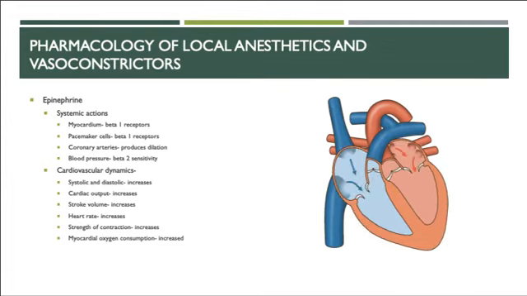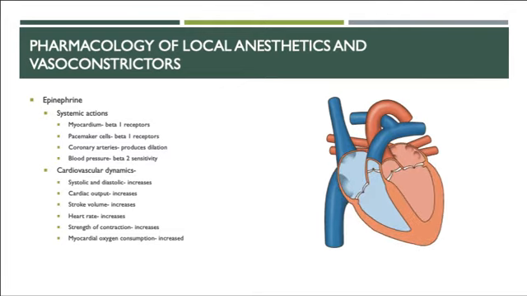So really, the cardiovascular dynamics are as follows. The systolic and diastolic pressures are increased. The cardiac output is increased. Stroke volume is increased. Heart rate is increased. Strength of contraction is increased, and myocardial oxygen consumption is also increased. Now, cumulatively, these effects lead to a decrease in cardiovascular efficiency, and that makes sense, because if you've got the whole cardiovascular system out of whack, it's not going to be as efficient as it would be if everything was normal.